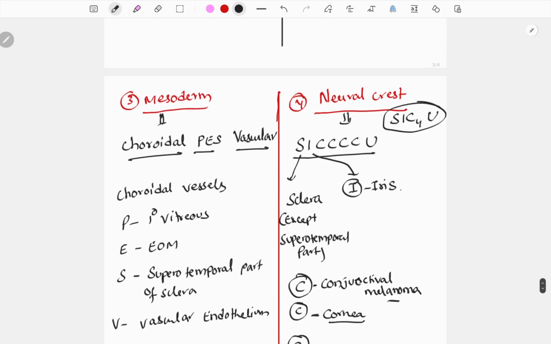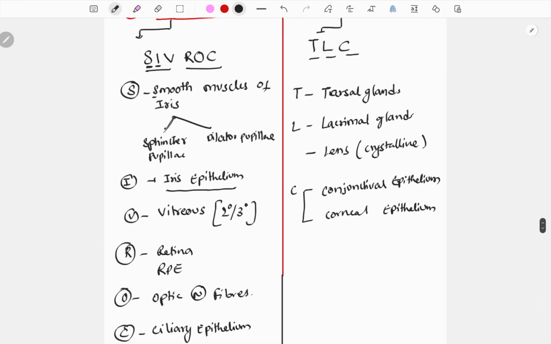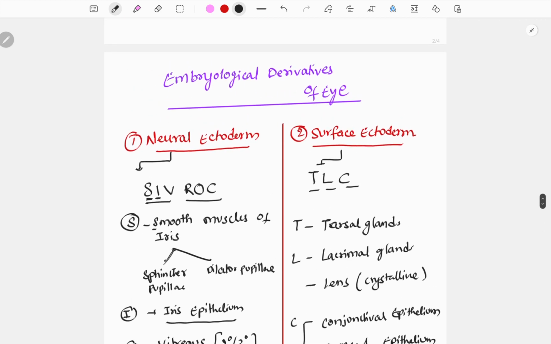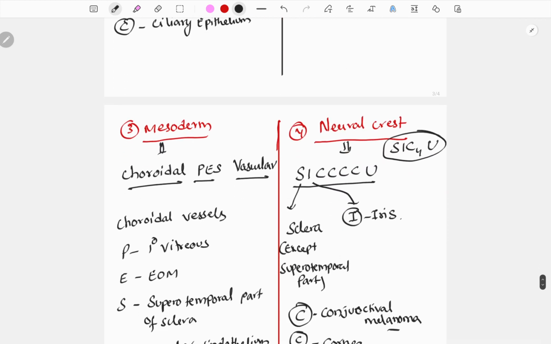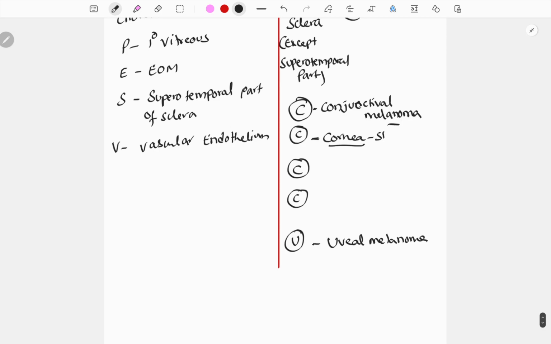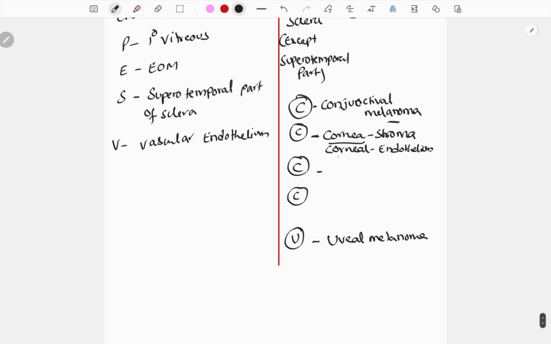Already corneal epithelium we discussed in surface ectoderm. The remaining part of cornea, that is corneal stroma and corneal endothelium. One more C is choroid stroma. Last C is ciliaris muscle.